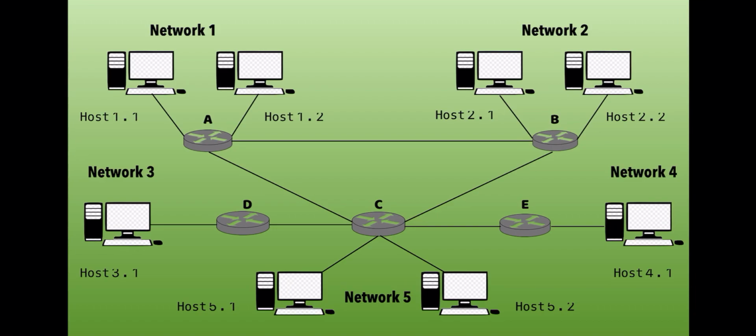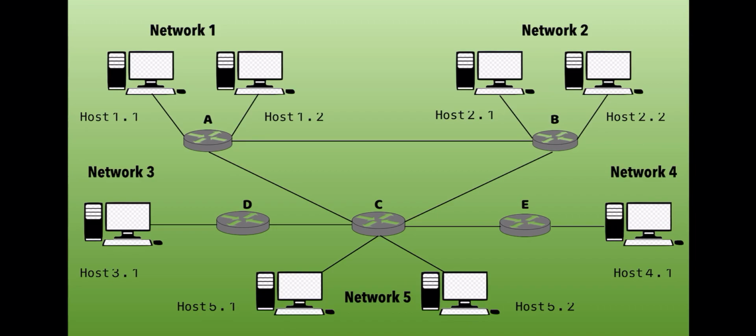Here we want to send the signal or the information, and because this is a layer 3 device, we will call that signal packets. So we have to send the packets from host 1.1 to host 4.1. When host 1.1 has to send the data to host 4.1, the first device in the path is router A. Router A will look into its route map and try to find out the best possible route for the data to be transferred.